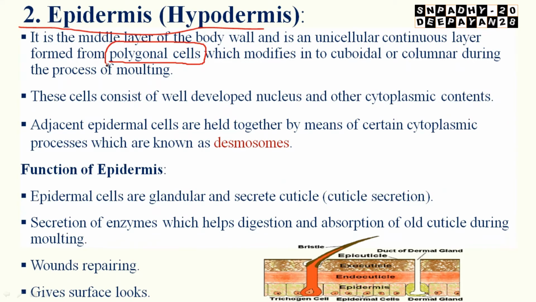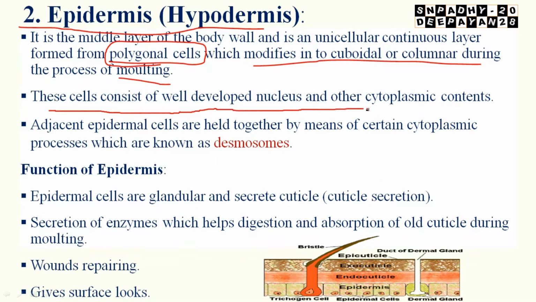These epidermal cells are secreted, modified into cuboidal or columnar during the process of molting. What is molting? We will understand later. Only try to remember, formed from polygonal cells. These are living cells, well developed, having a nucleus and other cytoplasmic contents.